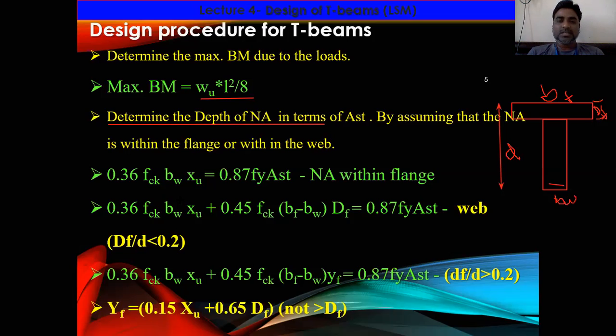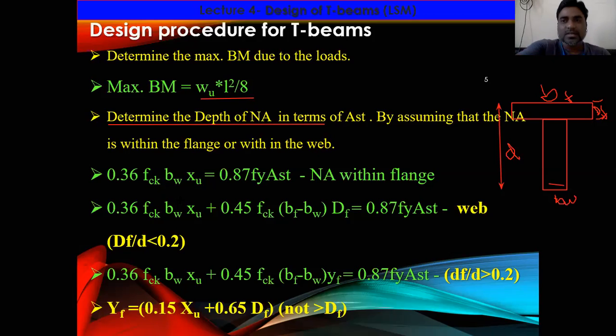So instead of calculating Ast, we just determine the depth of neutral axis in terms of Ast. That means in terms of tension reinforcement, right? For that also you need to know whether it is within the flange or within the web, right? So for the time being, it is a trial and error method.